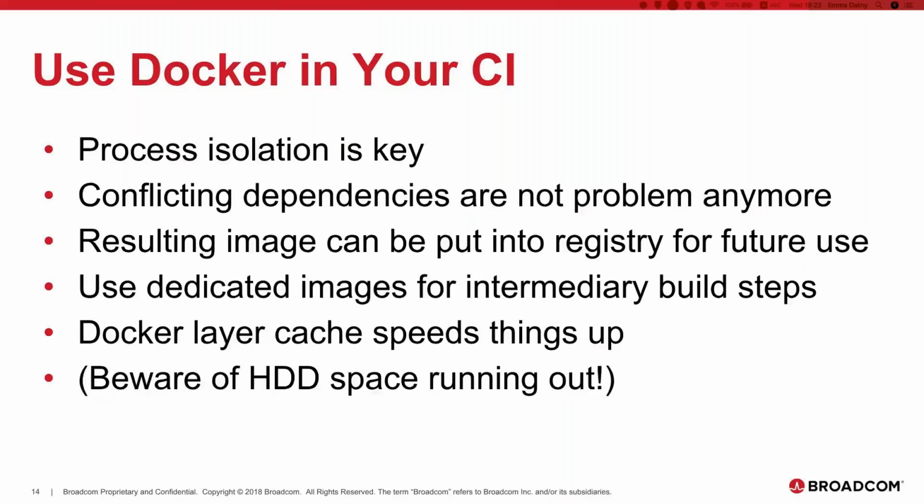Why? Because traditionally inside continuous integration machines, we try to build software, and when we build several projects within the same continuous integration machine, they start to conflict by their requirements and dependencies.